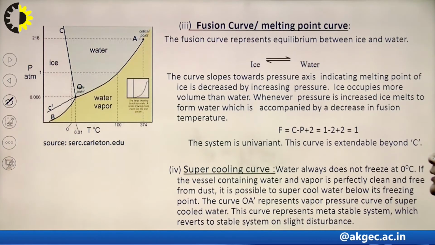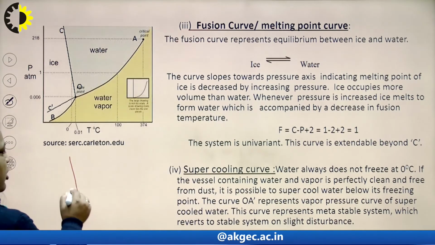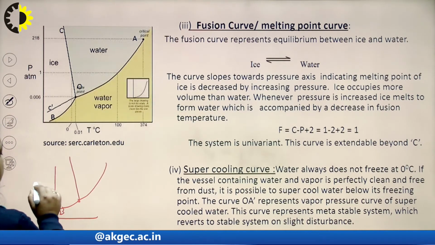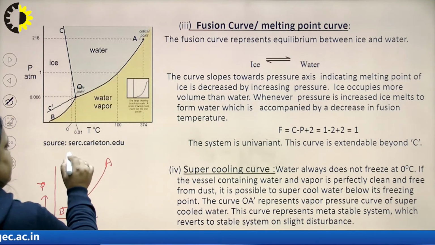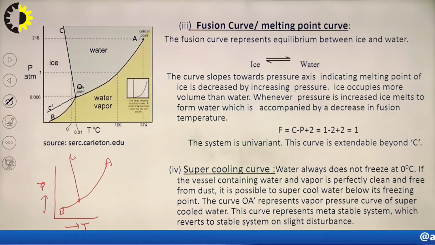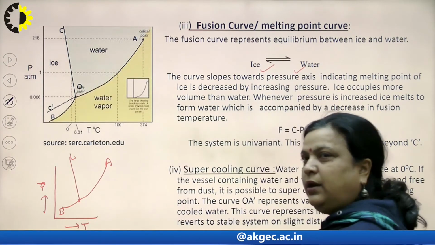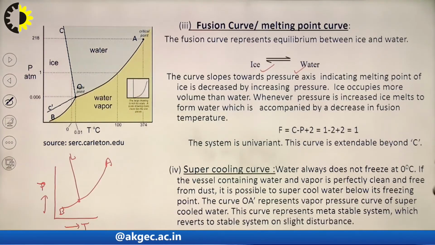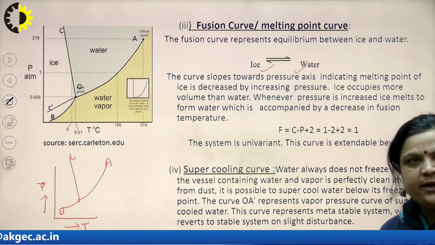Now, the third curve is important, because for the water system, due to its cage-like structure, it shows different behavior. This curve OC is the fusion curve or melting point curve. It represents the equilibrium between solid and liquid, that is ice to water, and here we see that this curve slopes towards the pressure axis.